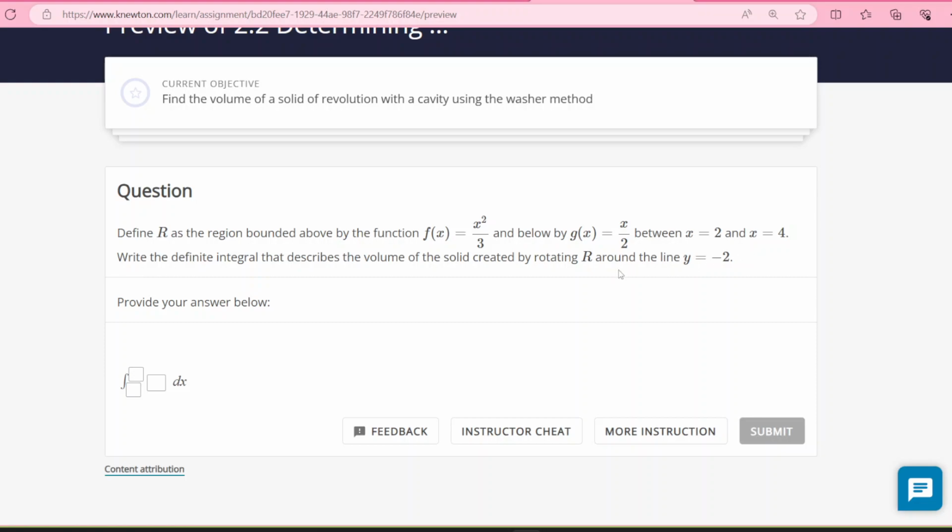And it's another horizontal line. They say the solid created by rotating R around the line y equals -2. So that's going to change how I determine radii. It's not going to be to the x-axis, but to the line y equals -2, another horizontal line.